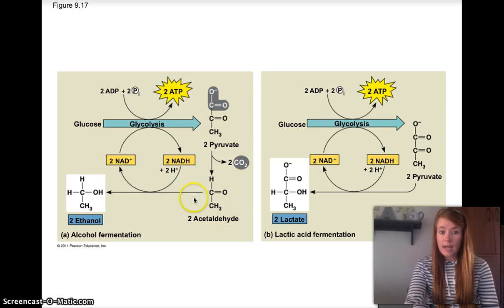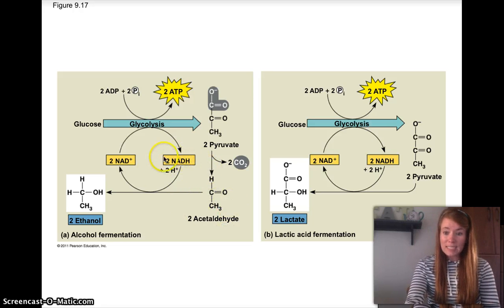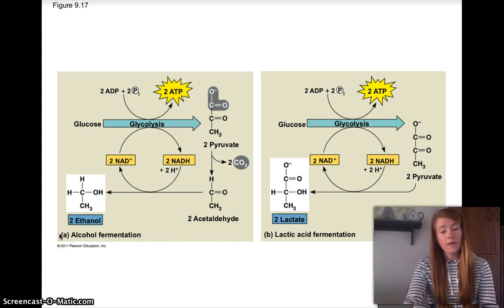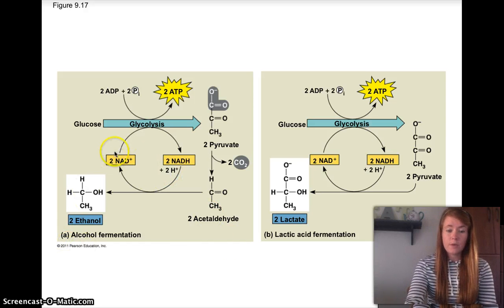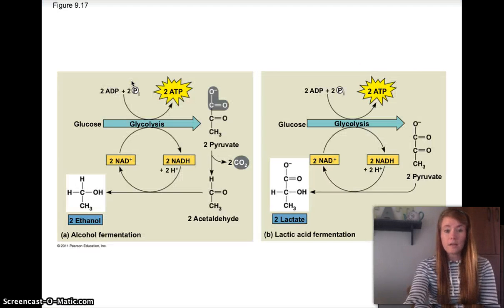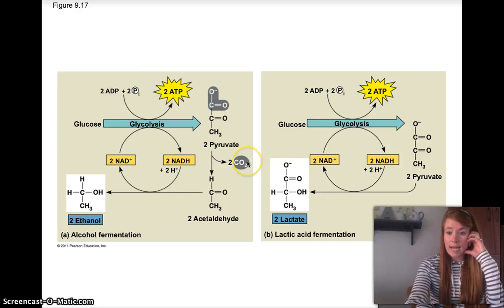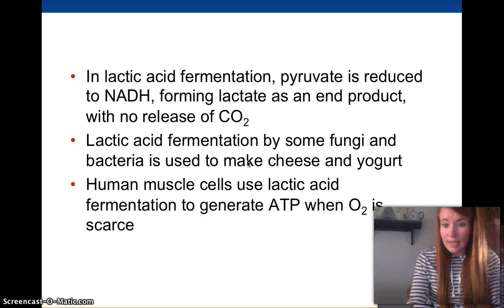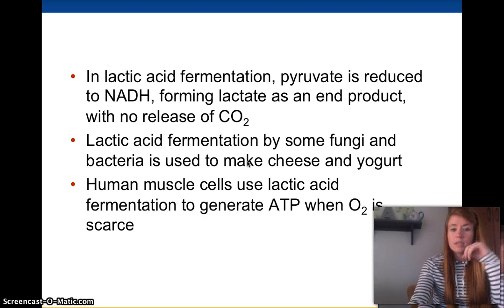Then this acetaldehyde gets reduced by NADH. It takes electrons from NADH, becomes 2 ethanol, which is released as a waste product, and the 2 NAD+ are recycled to go back to glycolysis. So that's alcoholic fermentation. Then we have lactic acid fermentation, which is a little bit different. The goal is still to recycle the NADH back to NAD+.